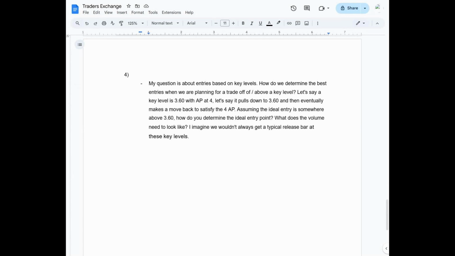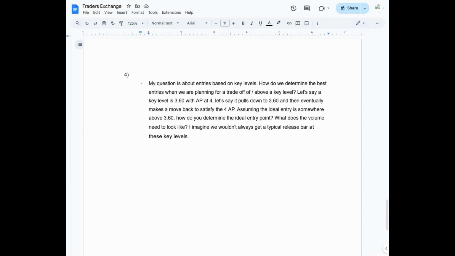But remember one thing. This wouldn't be a release bar, would it? It would simply be trading back to the area of build. Release bars release a position. So the type of volume that you need for release would be far larger because it's now getting away from the area of build and moving toward its price target.